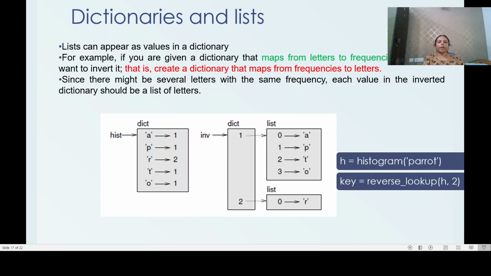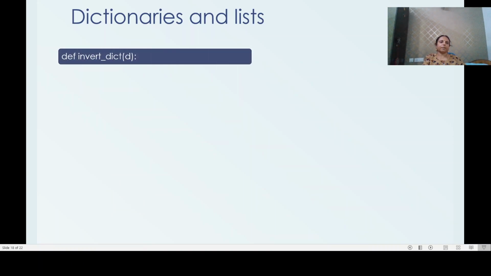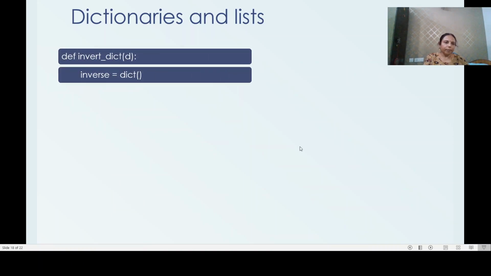We have this histogram of parrot, which will give this output, and we need to find the reverse lookup. We take the reverse lookup of the value equal to 2 and print the key. These operations we can write with a different function, invert dictionary.